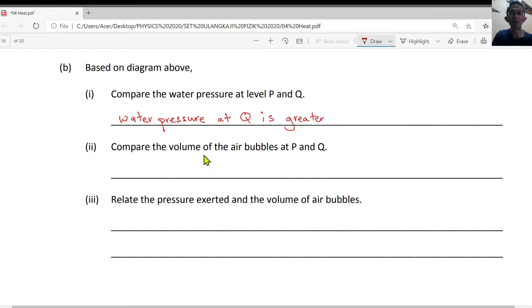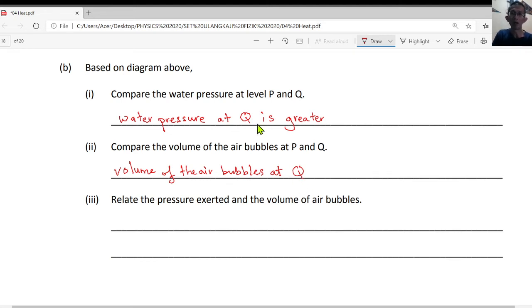Now, compare the volume of air bubbles at P and Q. So the quantity to be compared would be the volume of the air bubbles. We just write the quantity that we are comparing. So that would be the volume of the air bubbles at Q. I try to be consistent here.